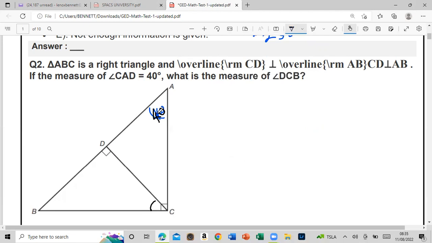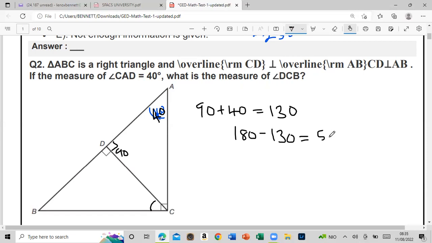So if this is 40 and this is 90, all triangles add up to 180 degrees. So 90 plus 40 would give us 130, right? So how much more do we need to make 180? We just subtract, and that would be 50 degrees. So our answer is 50. Makes sense, ain't it?